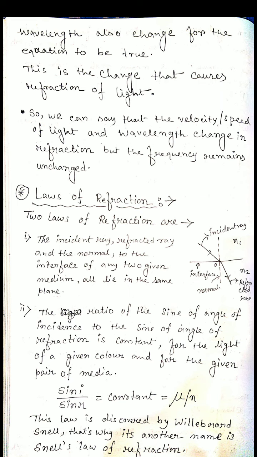Sin i by sin r equals a constant, and this constant is written as mu, or in the NCERT book, as n. Mu or n, you can write either.